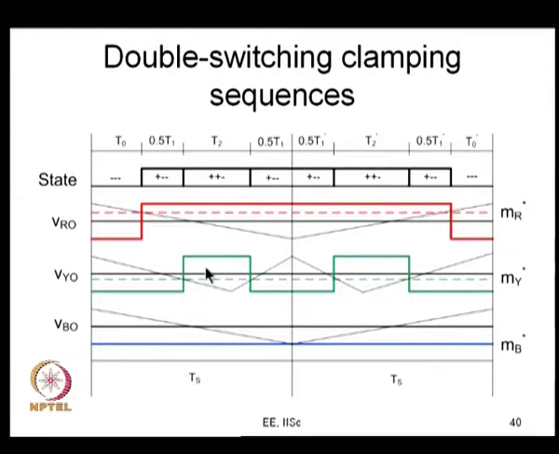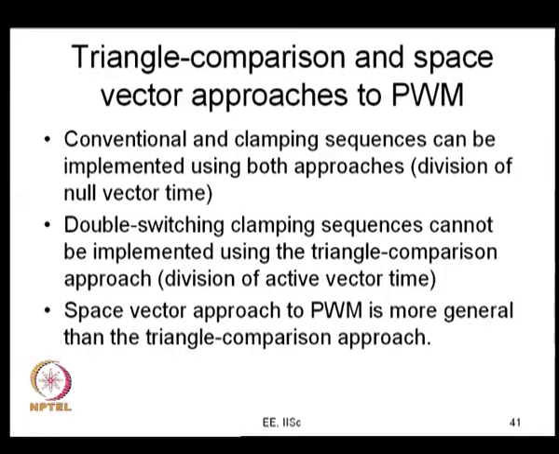So, triangle comparison is based on comparing a triangular carrier, and it presumes only one intersection with a phase in a subcycle, only one switching of a phase. Now, what we are doing is two switchings. Two switchings of a phase are not possible with the triangle comparison method; it is possible only with the space vector approach. So, I am concluding a few things like this.